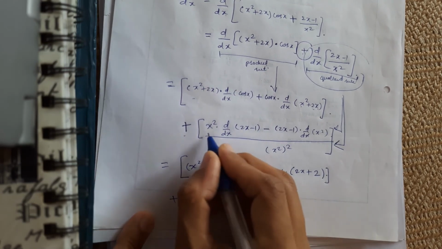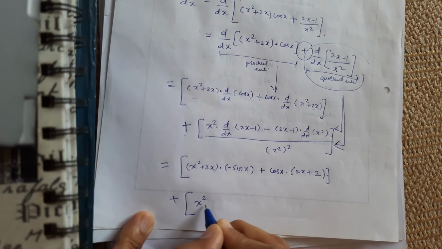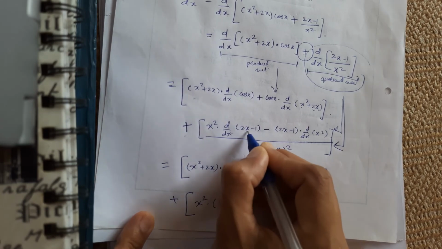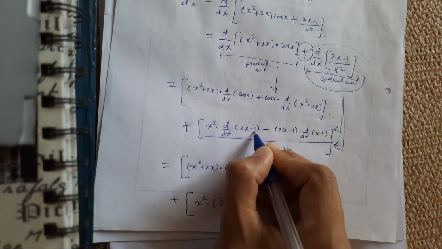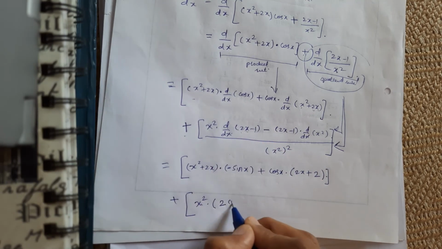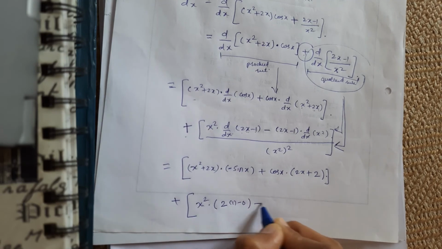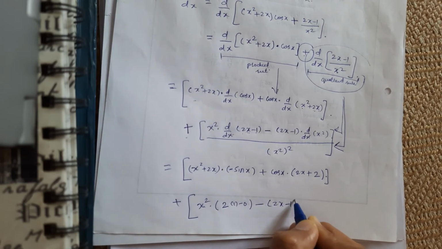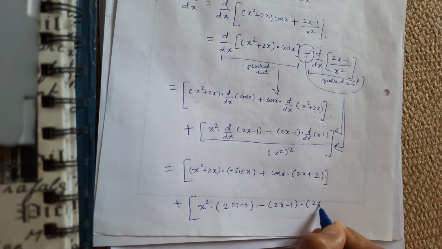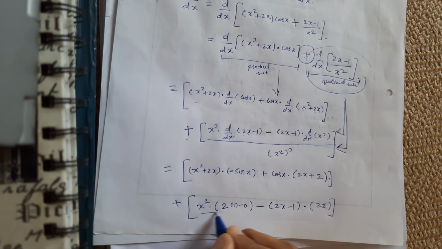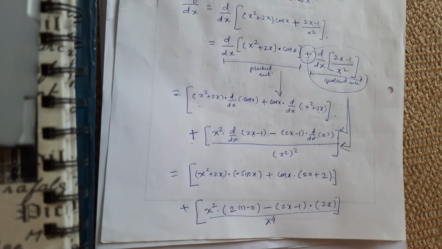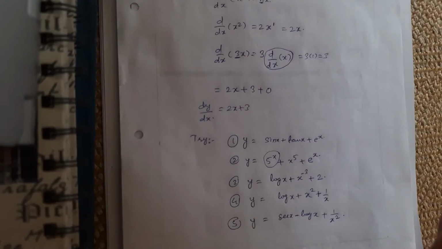Plus, now in the second bracket, x square as it is, derivative of 2x is 2, since 2 is constant and derivative of x is 1, and derivative of 1 is 0, it is constant. So 2 into 1 minus 0, minus 2x minus 1 into derivative of x square, which is 2x, divided by x to the power 4.